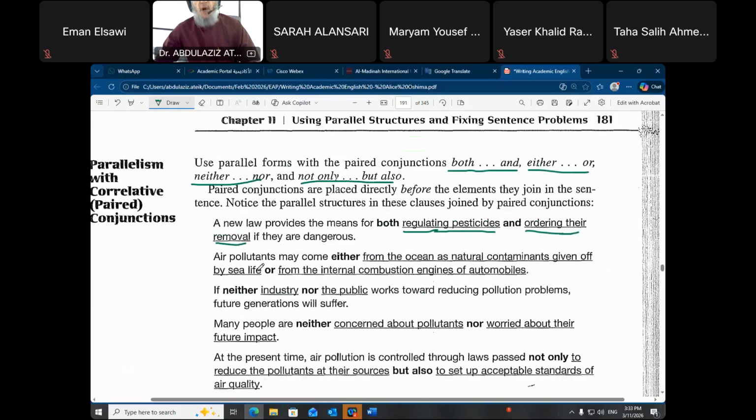Air pollutants may come either from the ocean as natural contaminants given off by sea life or from the internal combustion engines of automobiles.